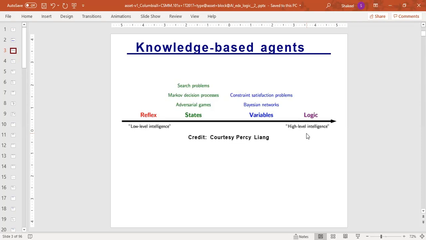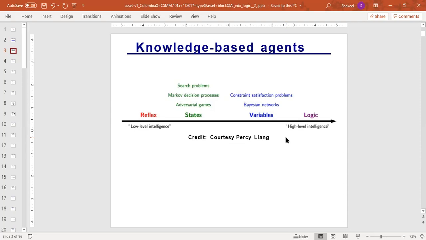We saw for CSPs, for example, that we can formalize the problem and then use any kind of solver. So defining the problem is a part of the domain knowledge. Let's embed the domain knowledge in some representations. Then inference could be done with any known inference algorithm or learning algorithm.